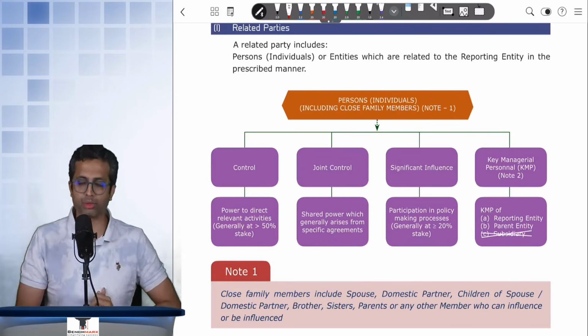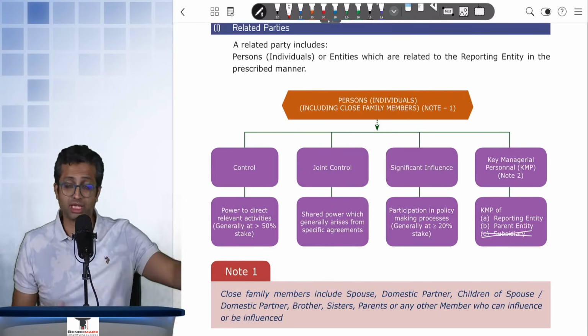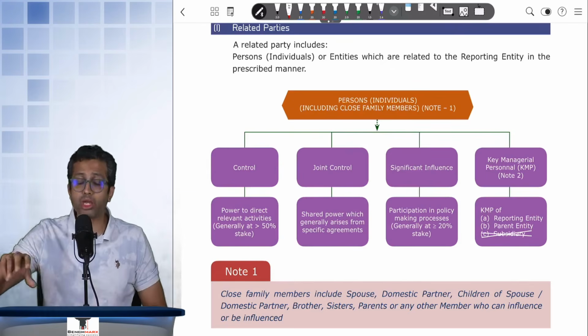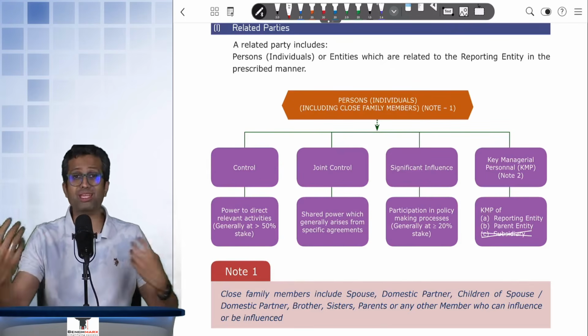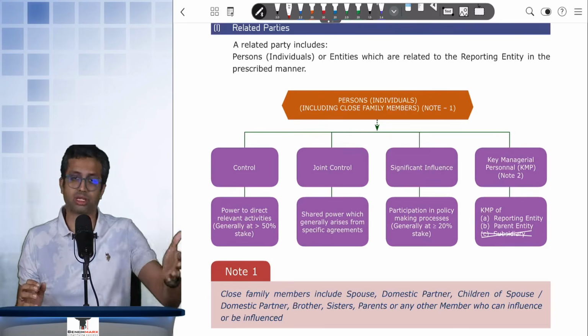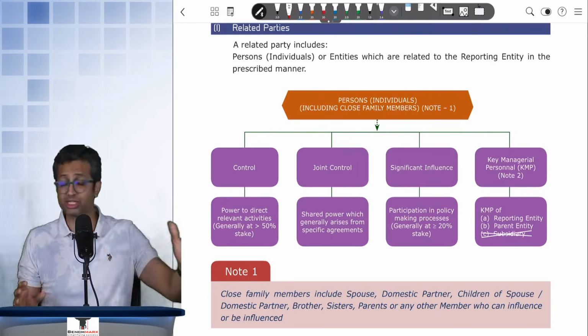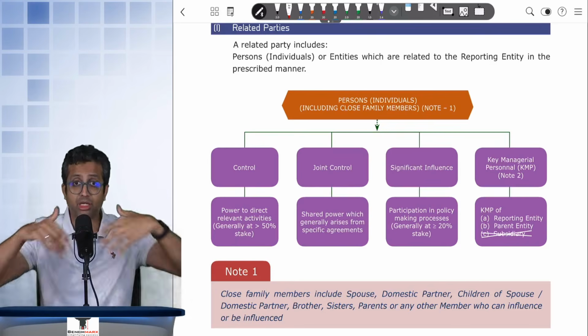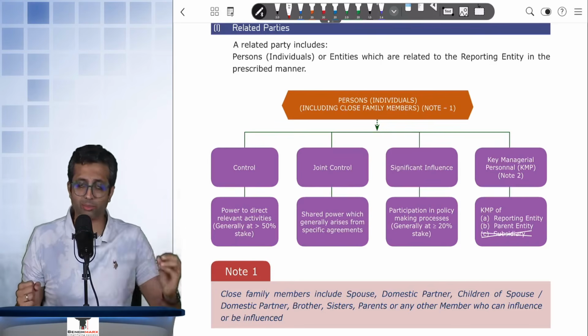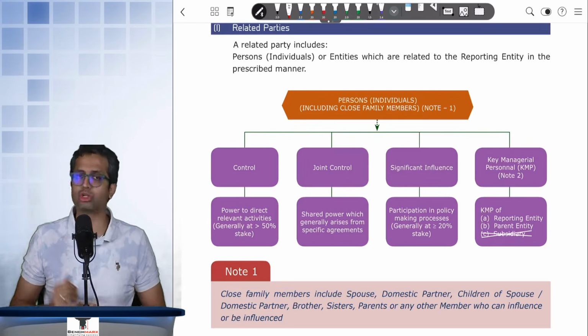These are key managerial personnel. They might not have a stake in the company, but they occupy important positions in the company, like directors, maybe full-time, part-time, independent, non-independent, executive, non-executive. Every director is generally a part of that overall strategy making process, and hence directors are usually key managerial personnel.